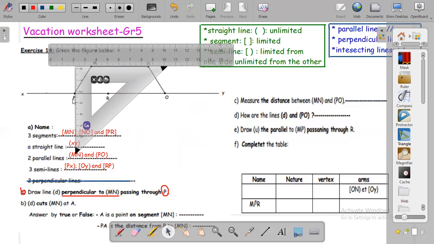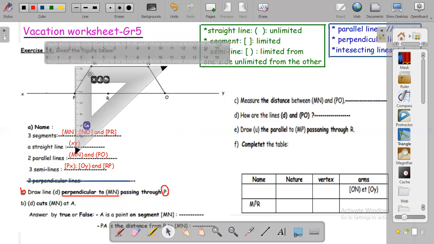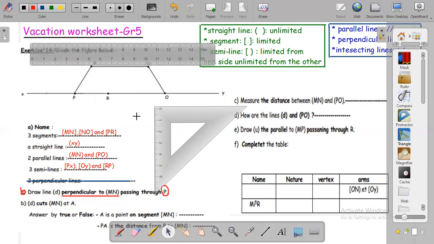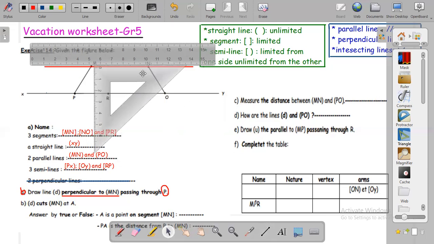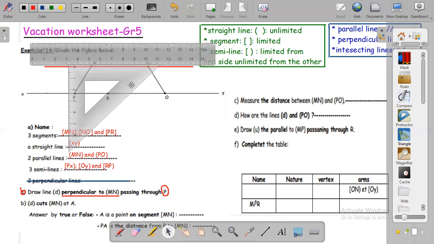So now we want to draw the perpendicular, but if we draw it now, it will not cut the line MN. So before we draw the perpendicular, we have to elongate MN. Now we put the set square and move it to the point P. Then we draw the perpendicular.